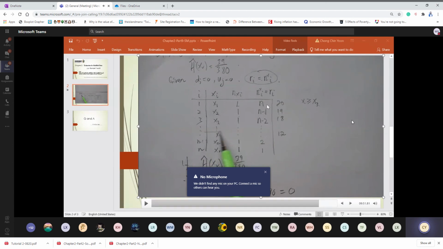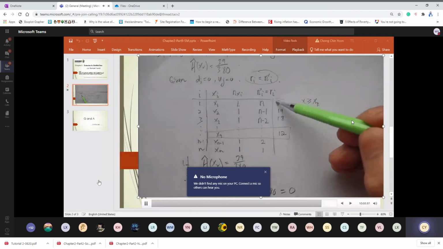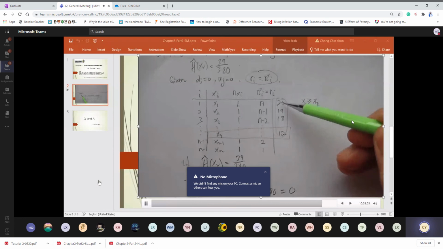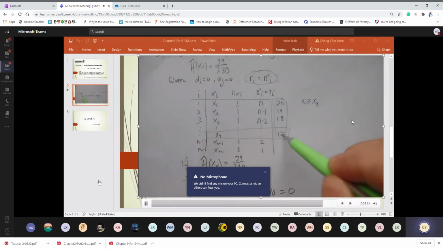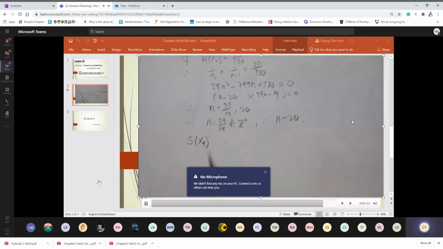So that means the risk set at x9 is 12. So we only need to calculate from 20, 19, 18 until 12. The rest we don't consider. At x9 here, our risk set value is actually 12. So we have to consider the risk set value from 20 down to 12 to solve this problem.